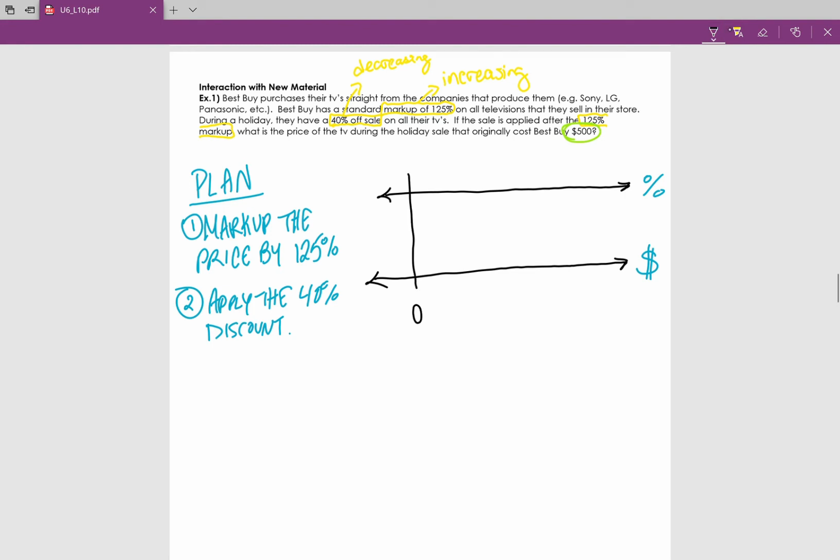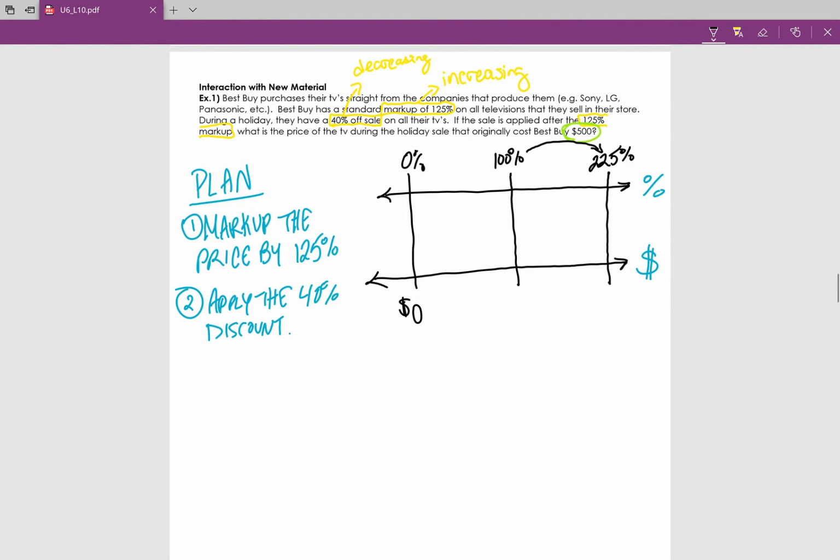I have my money, I have my percents. And we all know I'm going to mark 100% right here. Now, the markup percentage is 125% again. So I'm going to add 125% to this, which is going to give me 225%.